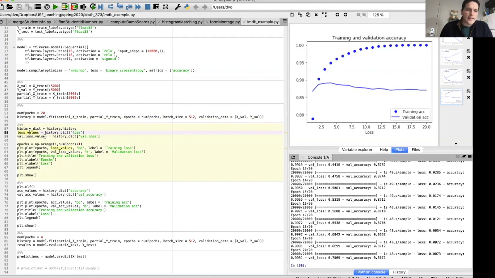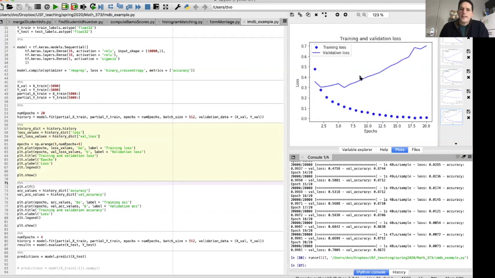And then this variable here contains the objective function value at each epoch, but as measured on the validation data set. This is the validation data that we're not looking at as we train our model. Okay, and this code here just makes a plot of these two quantities. So let's see what we've got.